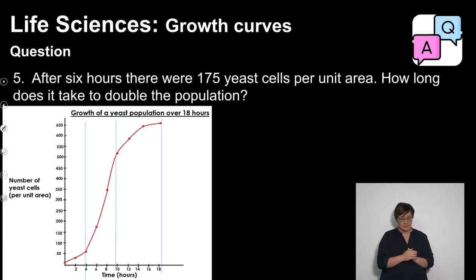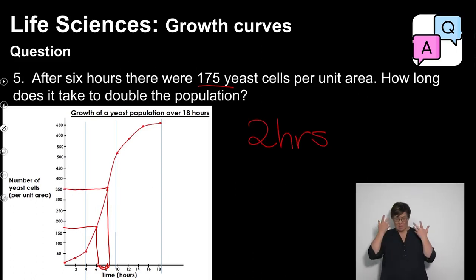After 6 hours, there were 175 yeast cells. There we go, 175. How long does it take to double that population? Well, if we look, in just 2 hours we're up at 350, so we have doubled the population in simply 2 hours.